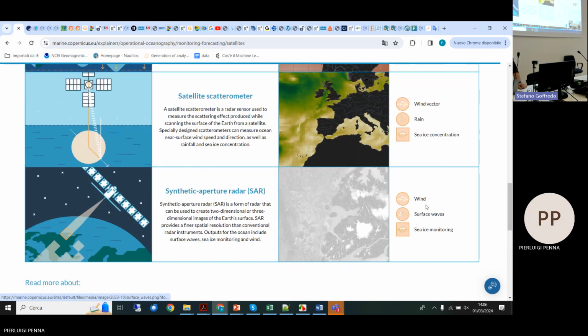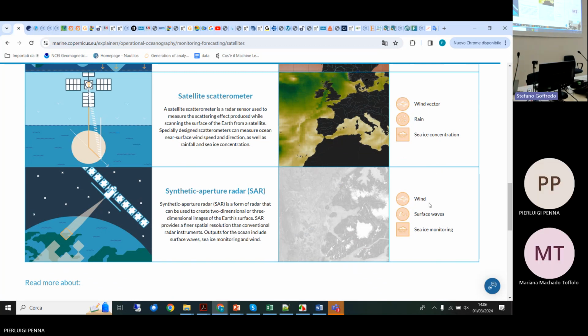The SAR is important for wind. Why is it important to use remote sensing to know the wind at 10 meters from the sea surface?